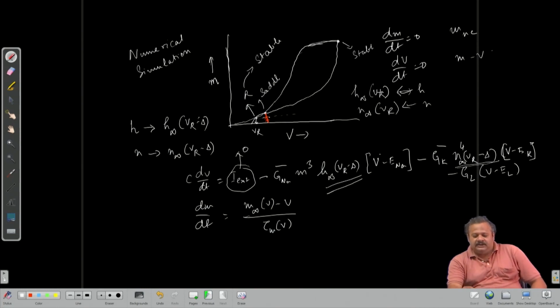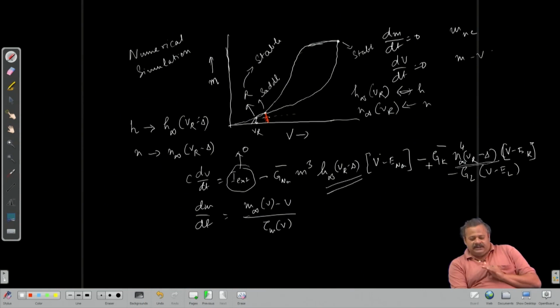When we change this to VR minus delta, the null lines will change. As you can see, the dm dt equal to 0 null line is not going to change. However, because of the change in H infinity and N infinity, the dv dt null line is going to change.